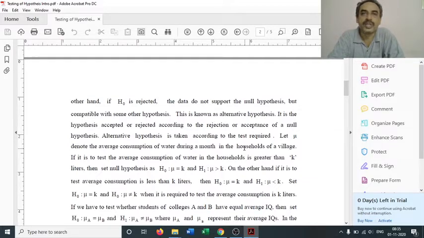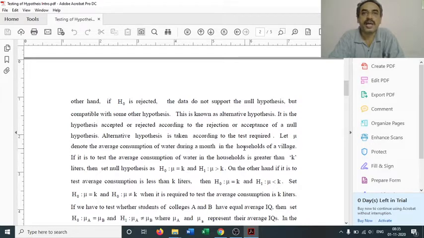But in H0, we will cite a fixed value for the parameter. That is, we cite that H0: mu equals k, where mu represents the parameter population mean and k is the suspected value of this population mean. Therefore, H0: mu equals k, and H1: mu greater than k.